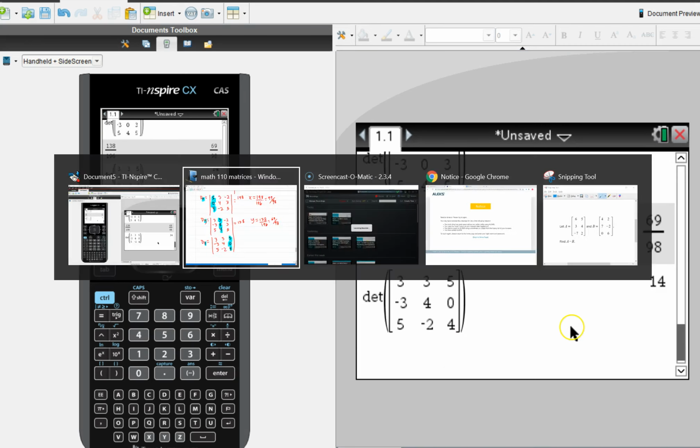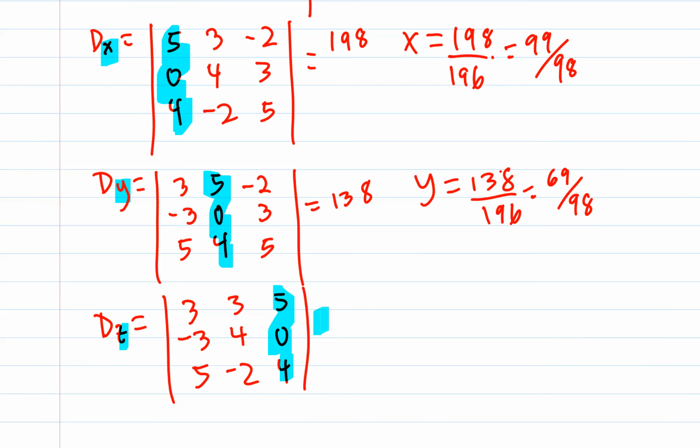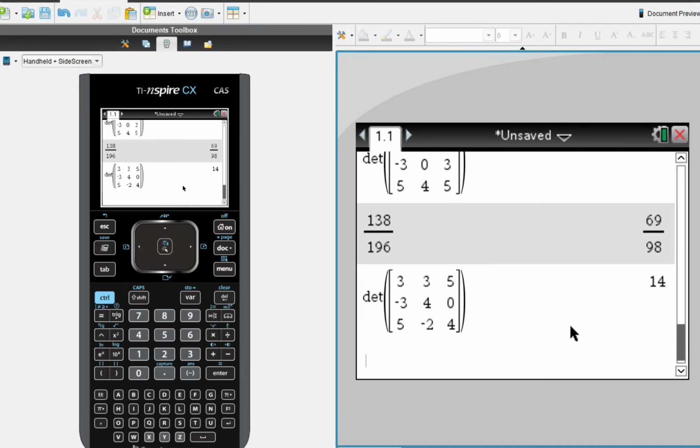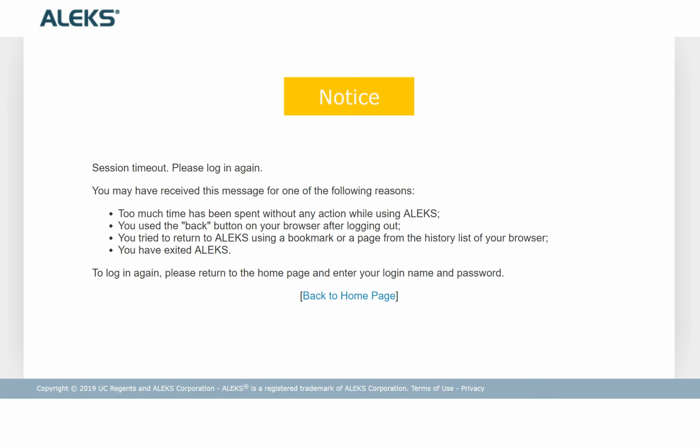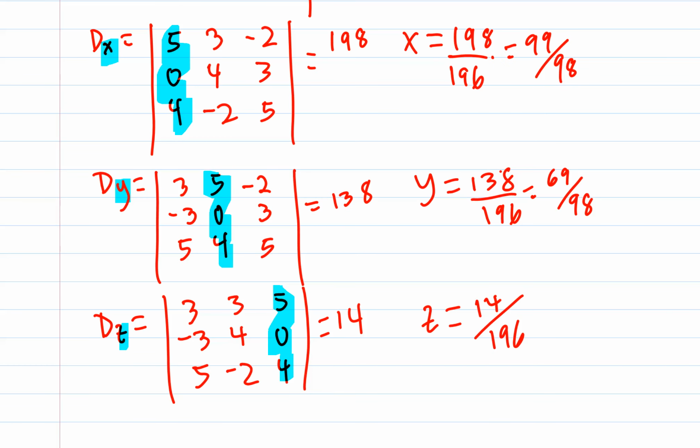And we get scary looking 14. Which means z is equal to 14 over 196, or 1 over 14. There we go.